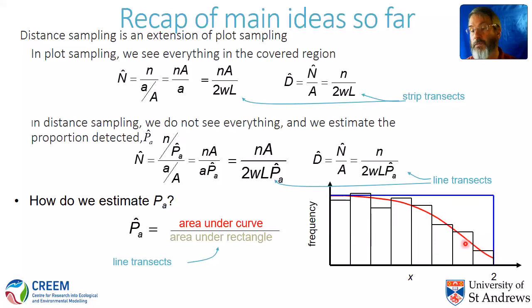And this detection function is meant to be a smooth representation of the drop-off in probability of detecting animals as a function of distance. The information needed to create that detection function are the histograms of the perpendicular distances that you recorded in the field.